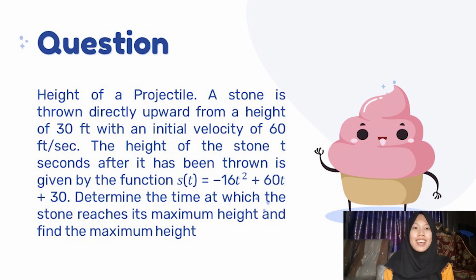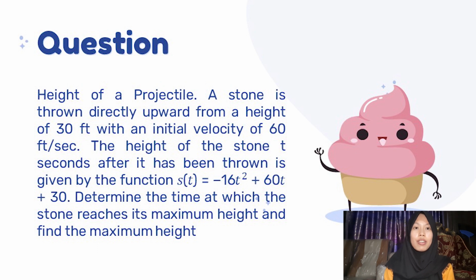Okay, height of projectile. A stone is thrown directly upward from a height of 30 feet with an initial velocity of 60 feet per second.